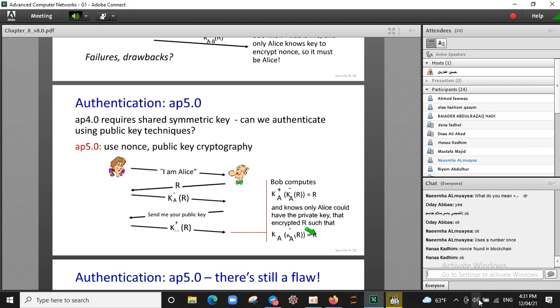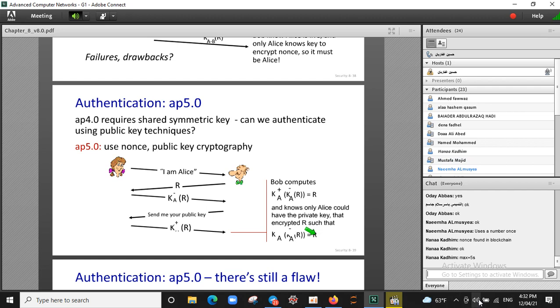The time is over. The time is passed. So Bob simply would drop the message, and if the real Alice sends this packet, we never accept that message.